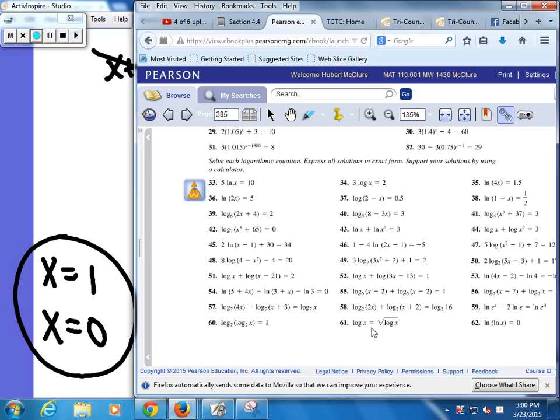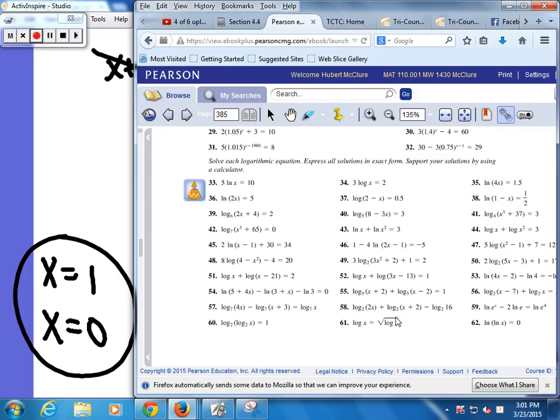What would you do with this one right here before you even started? You could rewrite the log of x to the what power? 1/2 power. You could do that. You could square both sides, but that's not going to help you. We'll give you a 2 over here that you could move out front. I'd either square both sides or rewrite the log of x to the 1/2 power.